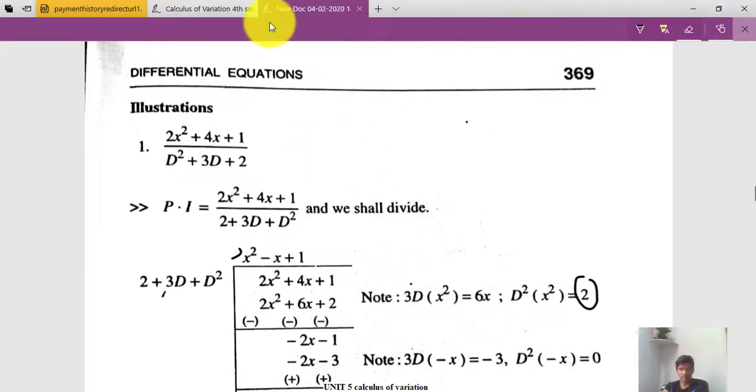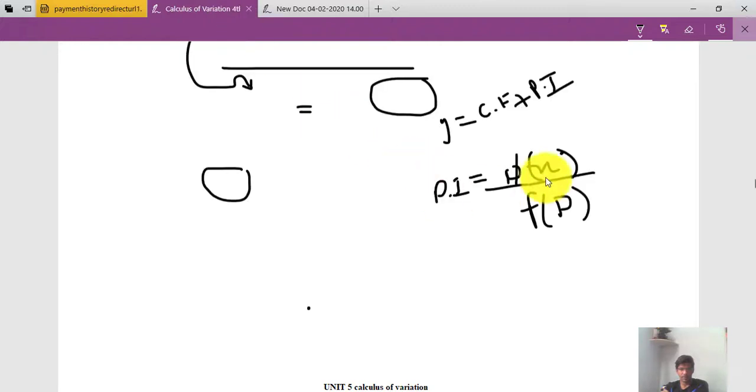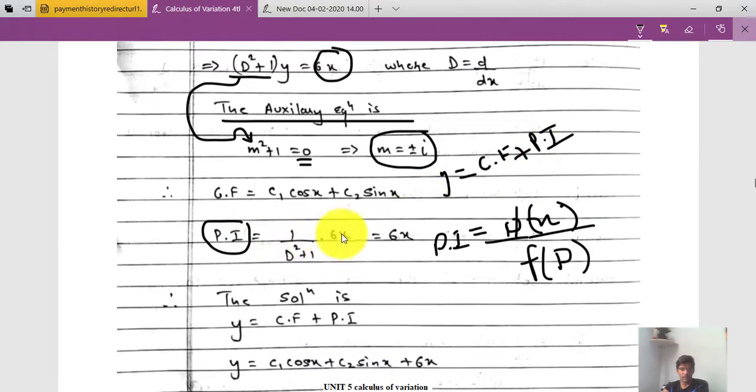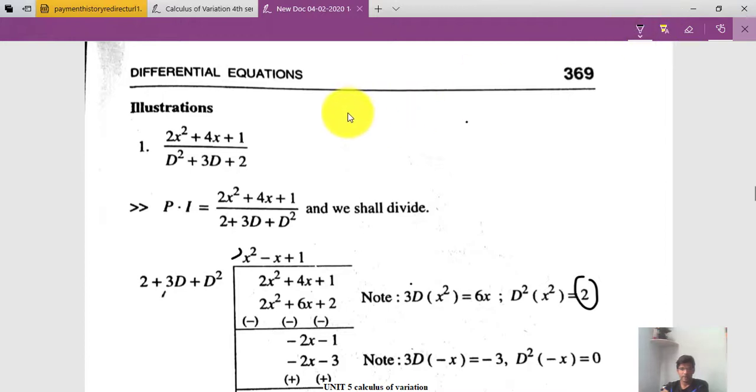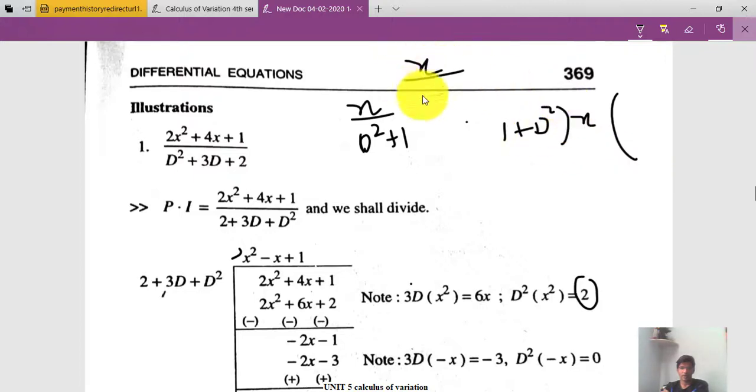So in my case the problem was 6x. 6 I am already taking out, so x divided by D² plus 1. The first thing is I should write it in ascending powers of D. So 1 plus D² into x. So first term I will take as it is, divided by 1.